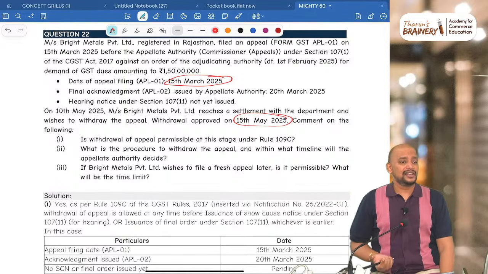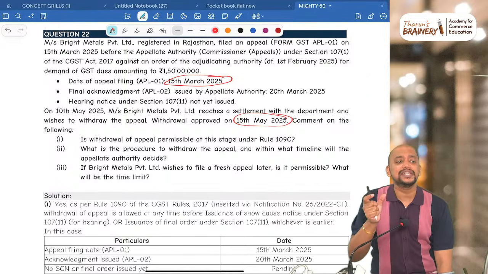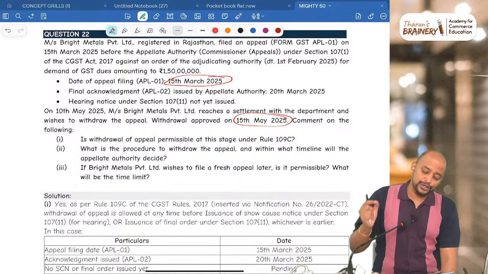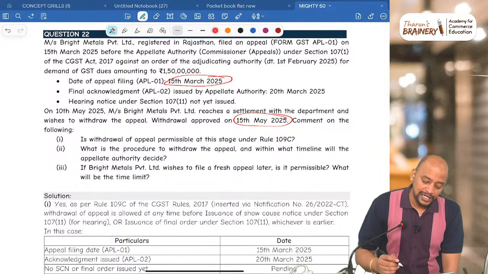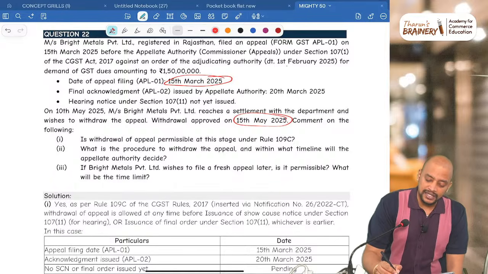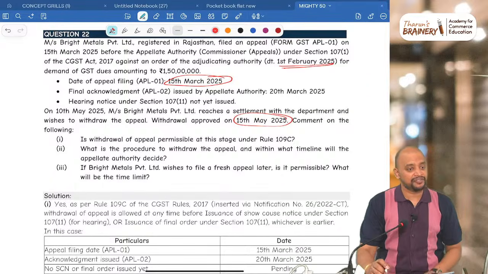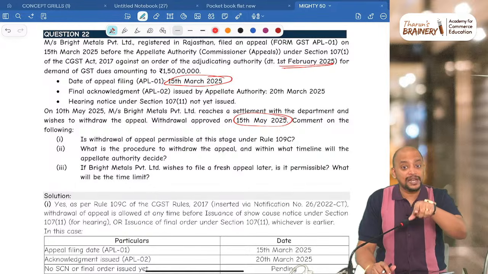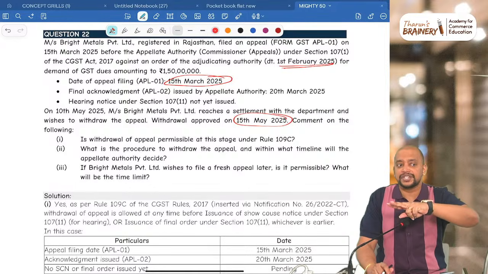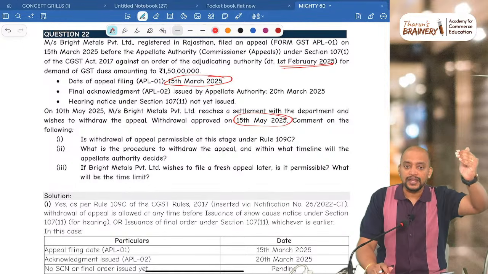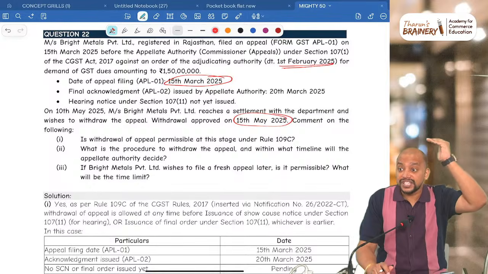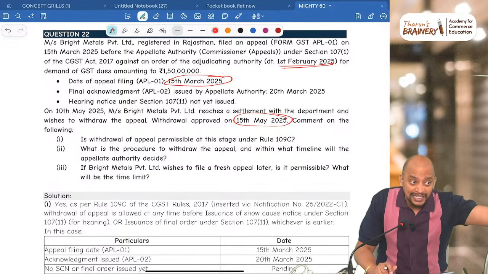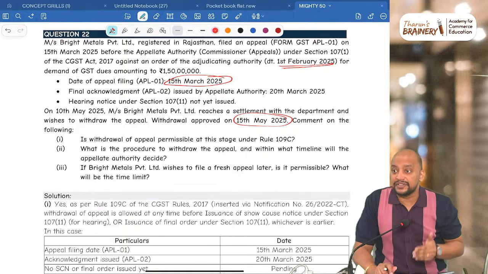This is like a stay period. So this will not be counted. Due to that reason, the date we need to take is 1st February 2025, the order date, plus 3 months regular time limit, plus this 2 months, from the original appeal date till the withdrawal approved date.